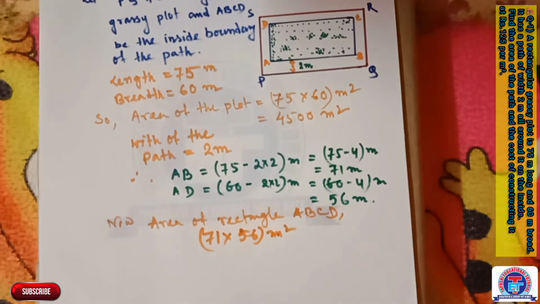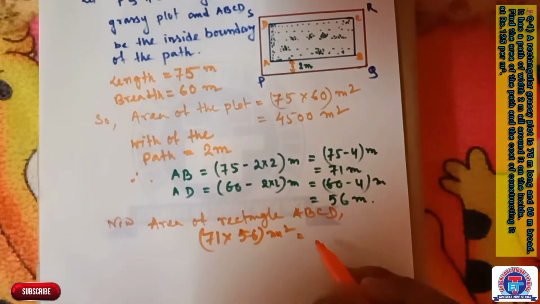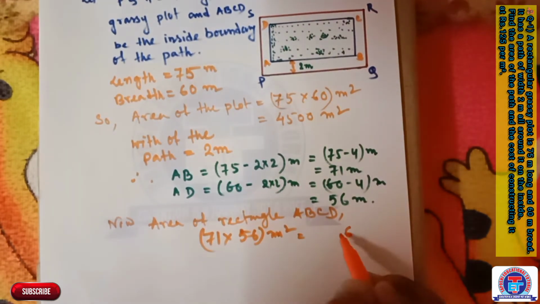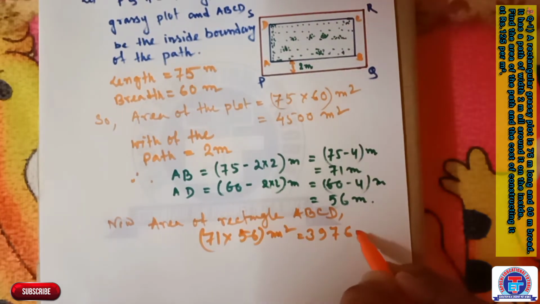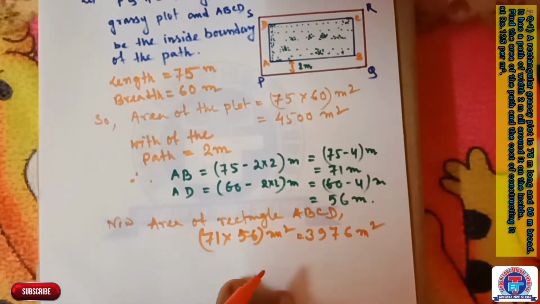Now if you multiply this, it becomes 3976 meter square.